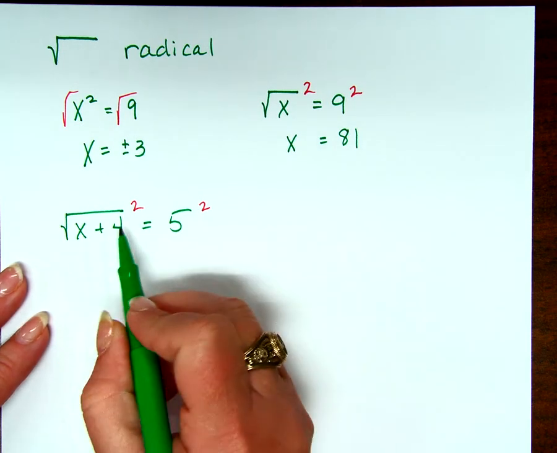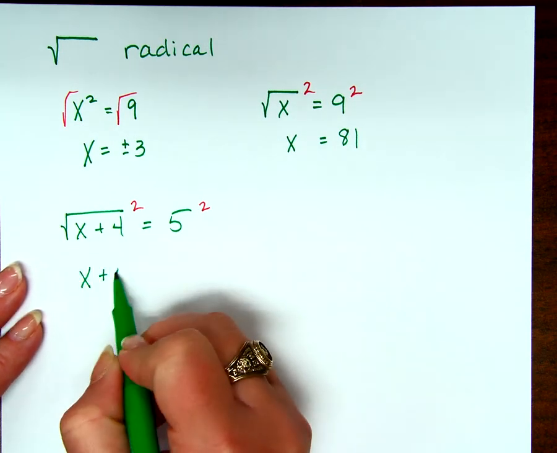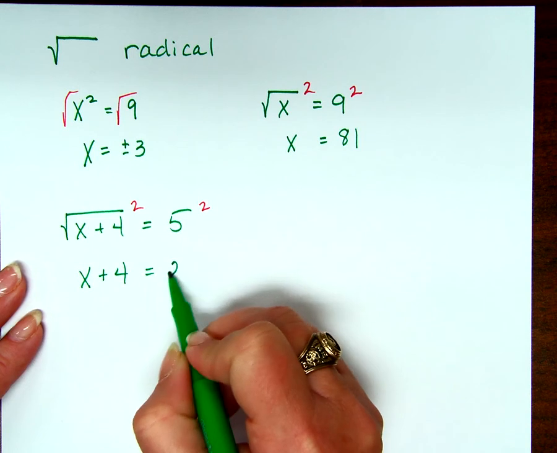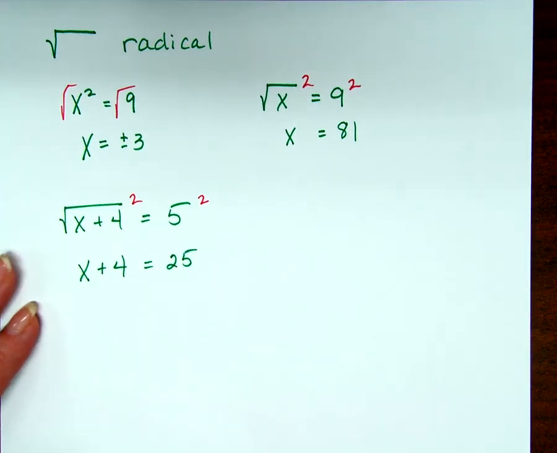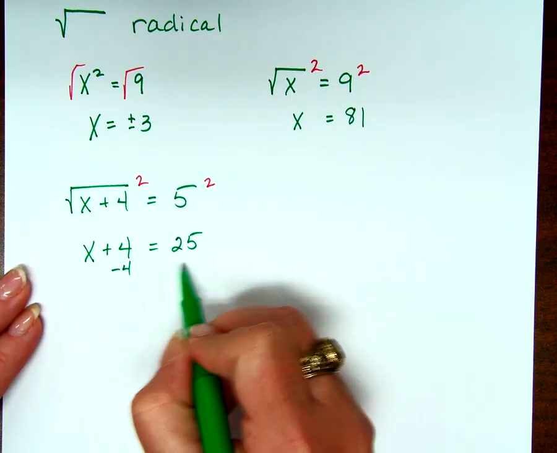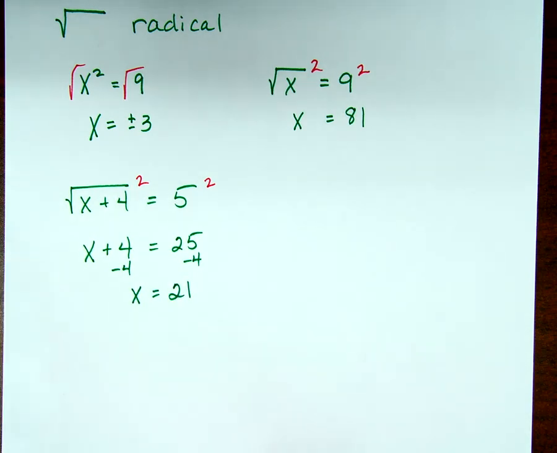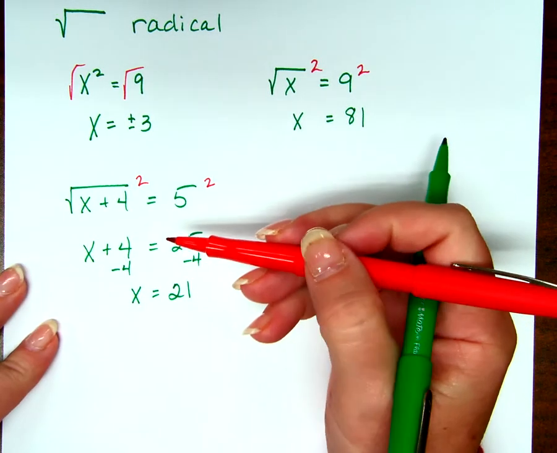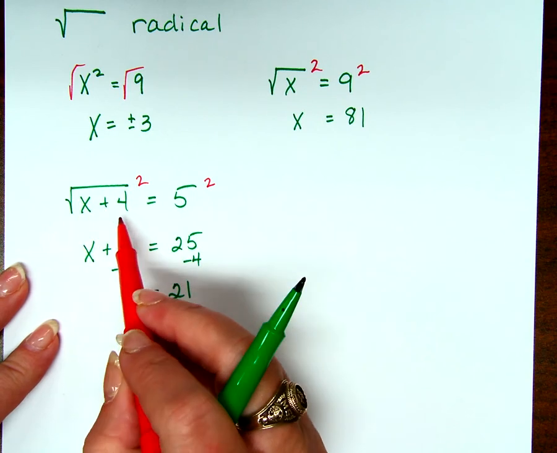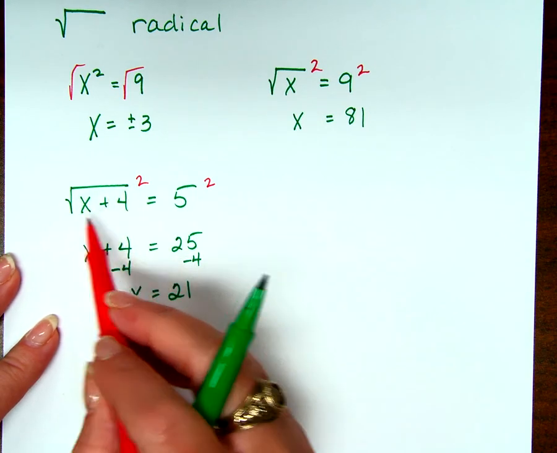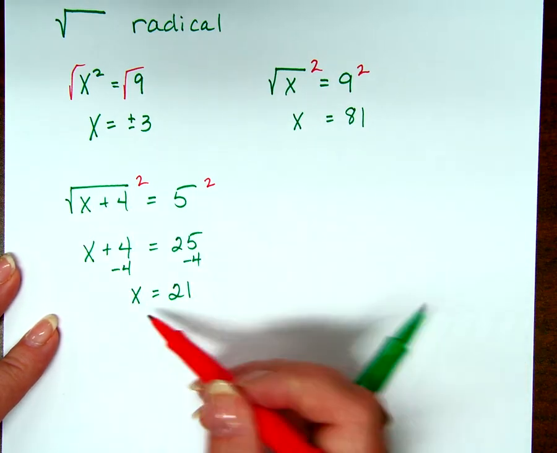So whatever was inside the square root, right? X plus 4 equals 25. So to solve this problem, I subtract 4 from both sides. X equals 21. Are you positive? But should we check it anyways? 21 plus 4. What's the square root of 25? Is it right? Good.